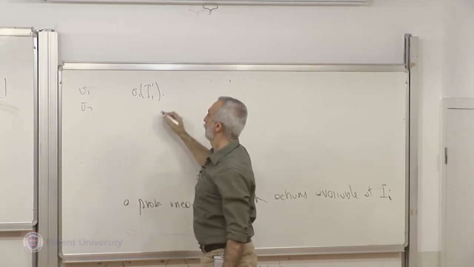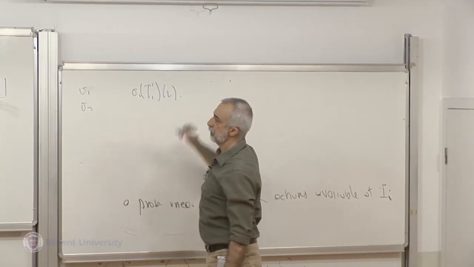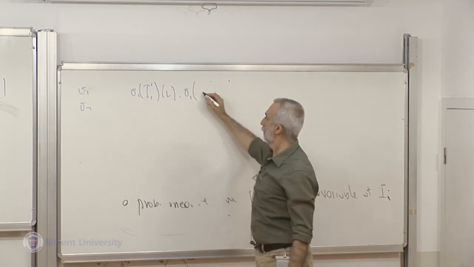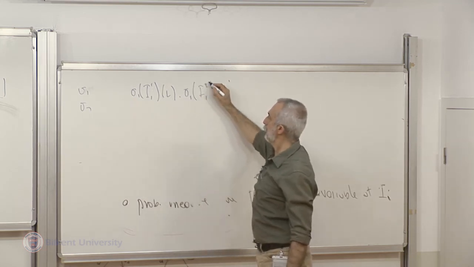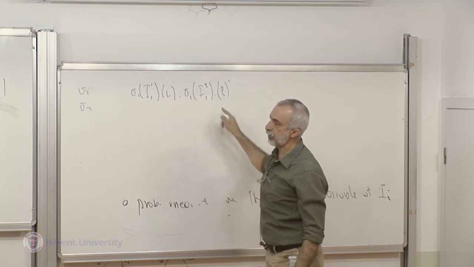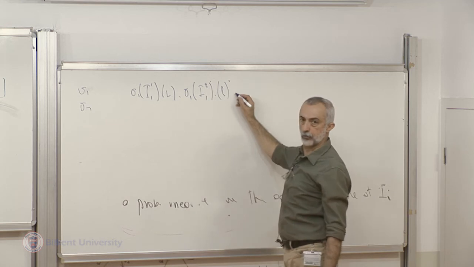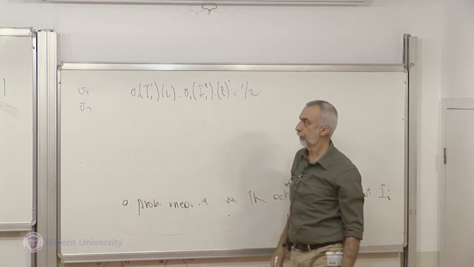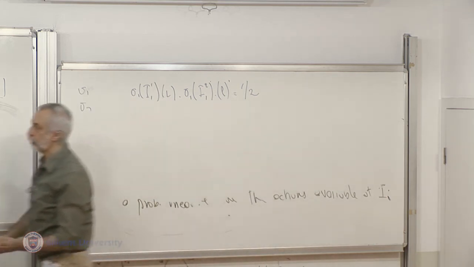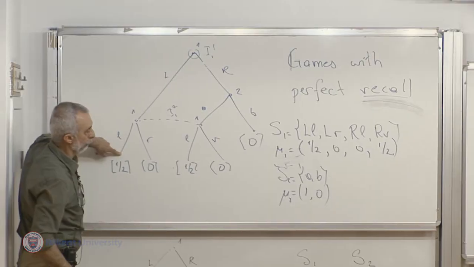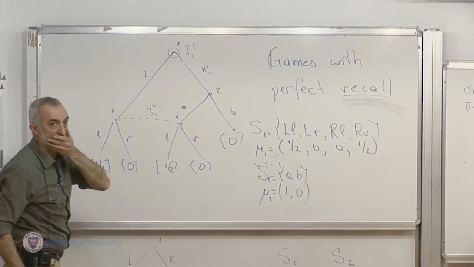Sigma 1 of I11 at L times sigma 1 of I12 at L. So this times this should give us 1/2, right? So how do we come here? Player 1 plays L here and plays small l here. Okay?